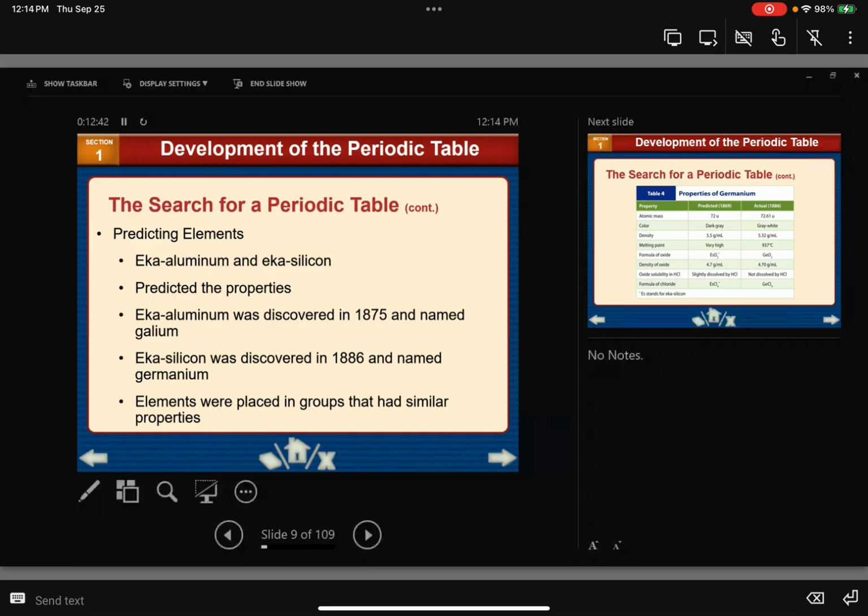And then he placed elements in groups that had similar properties to each other. So he did not necessarily discover gallium or germanium. He simply predicted that they would exist. But other people had discovered them.